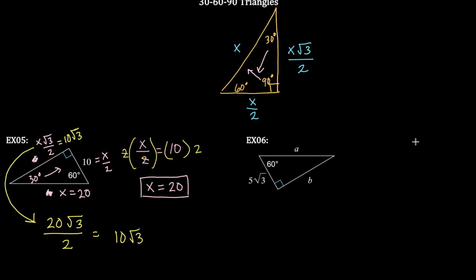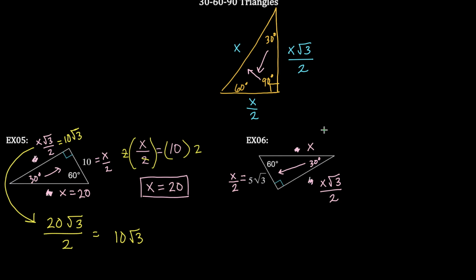All right, cool. Let's go ahead and get rid of these. This is 30 degrees. Across from the 30 degrees is X over 2. And across from the 90 degrees is X. And this is X square root of 3 over 2. Okay, so this is going to require some work.